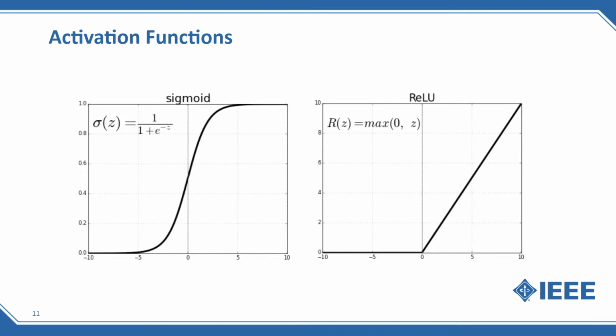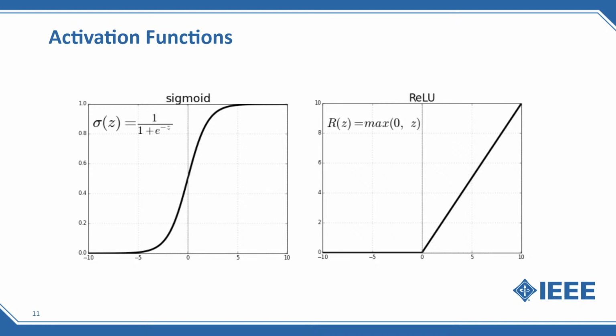As I mentioned, there's activation functions in each of the cells. Two of the most common ones are called the sigmoid, which we talked about when we did our workshop on logistic regression, and the other one's called the ReLU, the rectified linear unit, where if the input is below 0, then the output is 0. And if the input is any integer greater than 0, then the output equals the input.